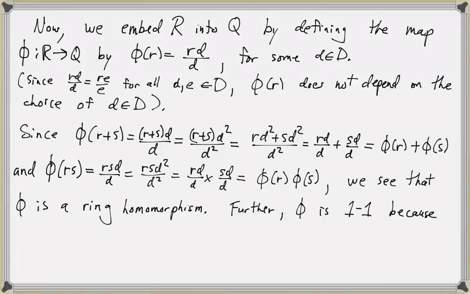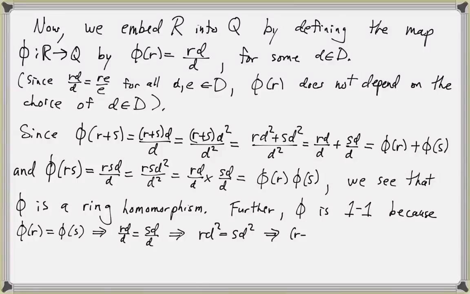Because if phi of r equals phi of s, that implies that rd over d equals sd over d, which implies that rd squared equals sd squared. And if I move everything to the left and factor out the d squared, this tells me that r minus s times d squared equals 0.